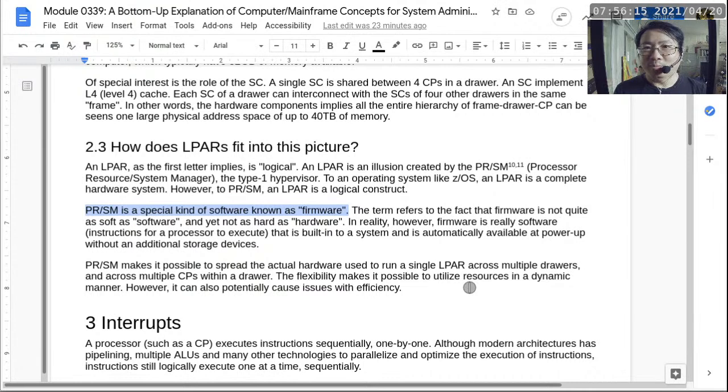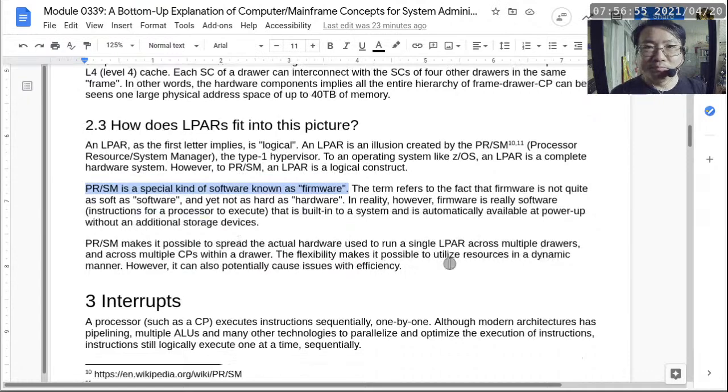By doing this in a very efficient and well managed way, the client basically doesn't have to think about it. You don't have to think about whether scattering a single LPAR from drawer 1 to drawer 5, using this CP over here and that CP over there, lends itself to making the system perform well. Bottom line, this is probably proprietary, and that's why I couldn't find any literature on the internet that talks about it.